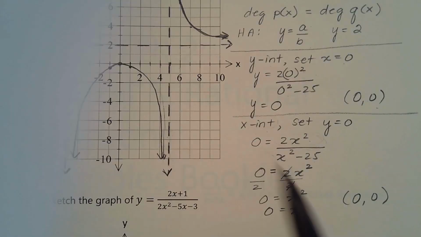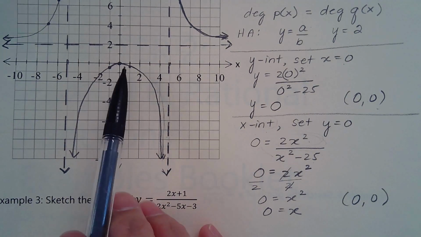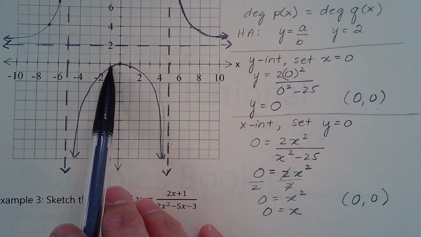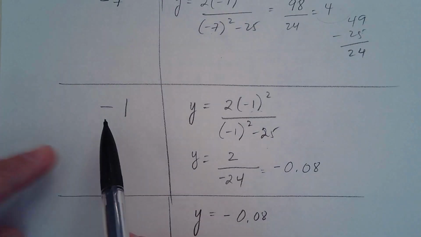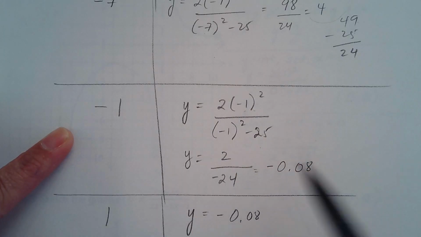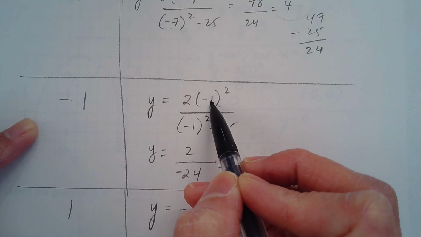So I picked the number this way. If x is negative 1, I had to figure out the y, substituting negative 1 for x.